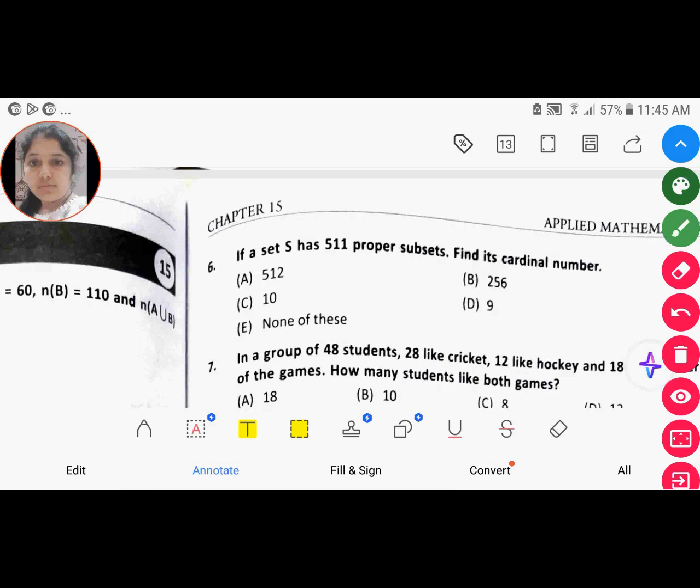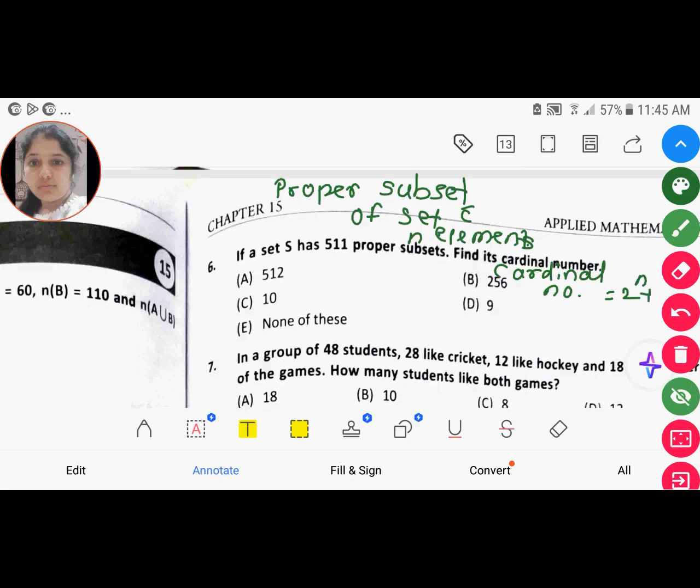Now again, to find the cardinal number there is a formula. For the proper subsets of a set with n elements, the number is equal to 2 raised to n minus 1.